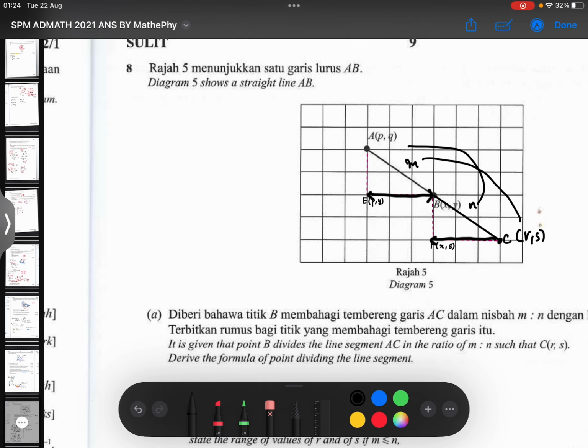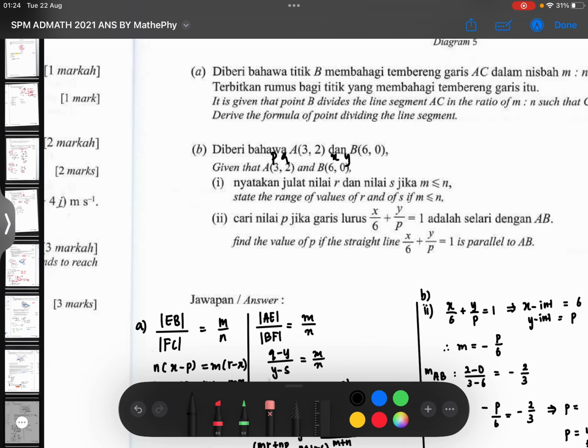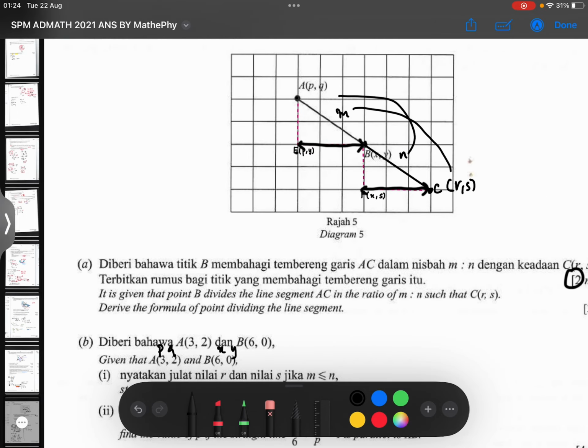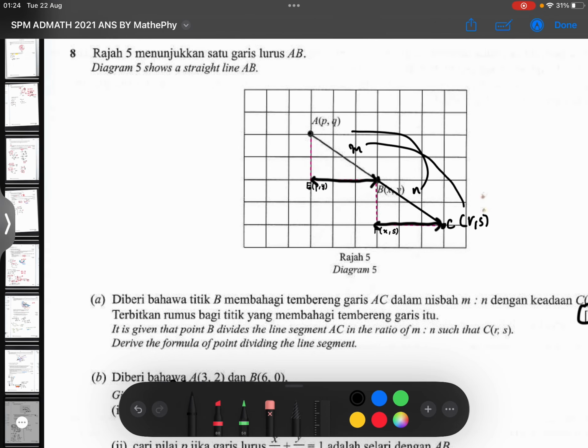I just compare the ratio, because I know the ratio from A to B is M, and B to C is N. So it must also satisfy the ratio of EB is also M, and FC is N. That's why I wrote like this. That's for the horizontal distance or length.